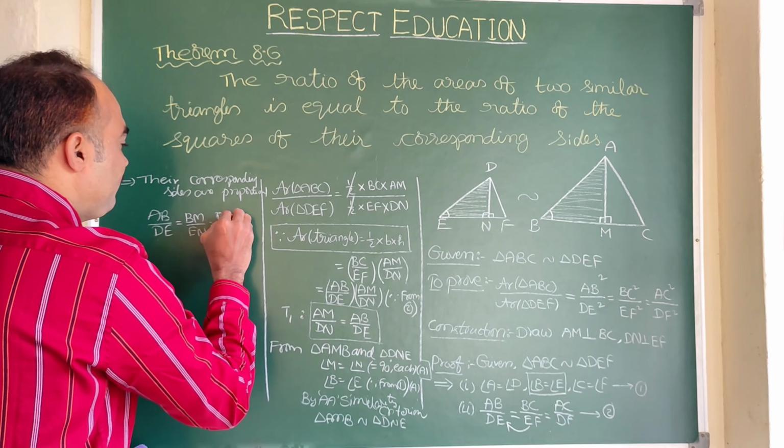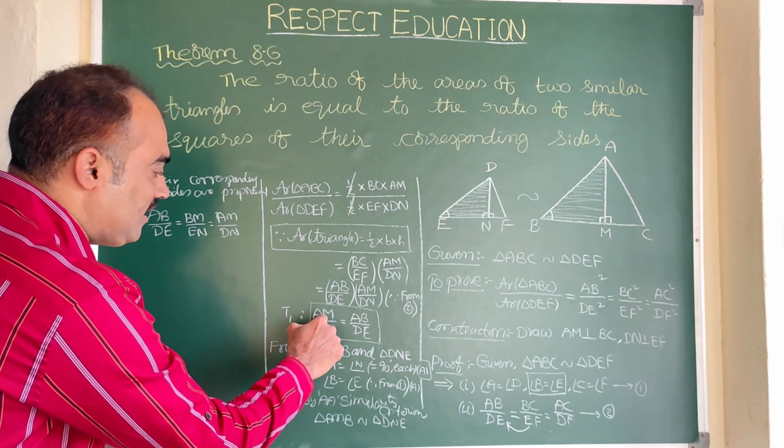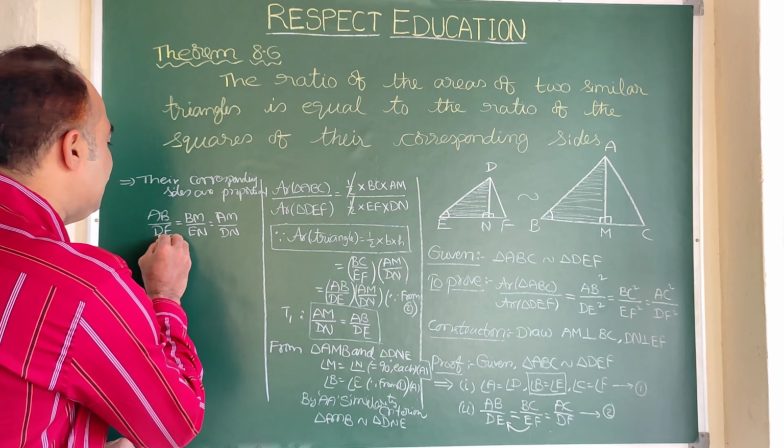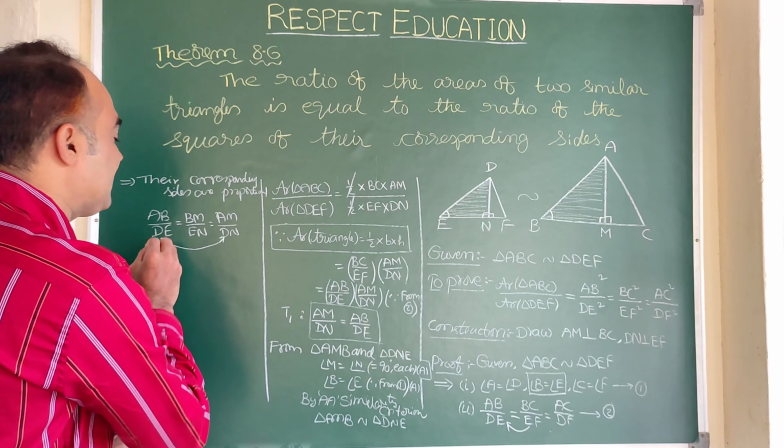See here, we want AM by DN to be AB by DE. That is the step that is required, and we have reached it.